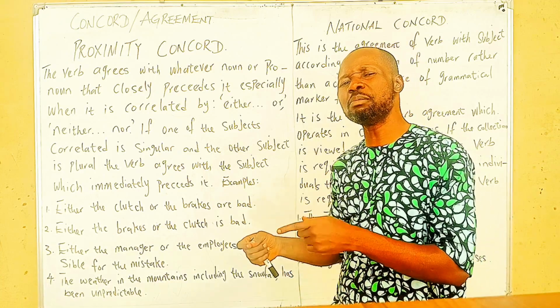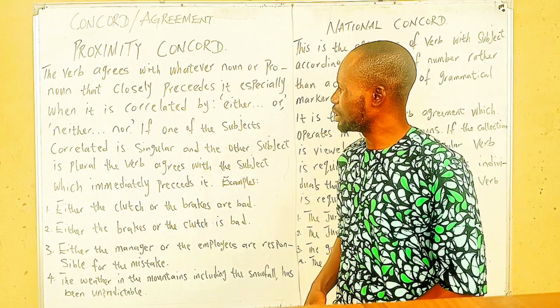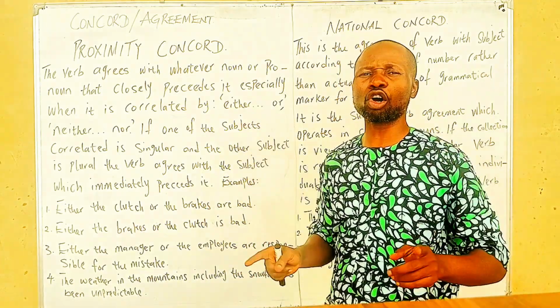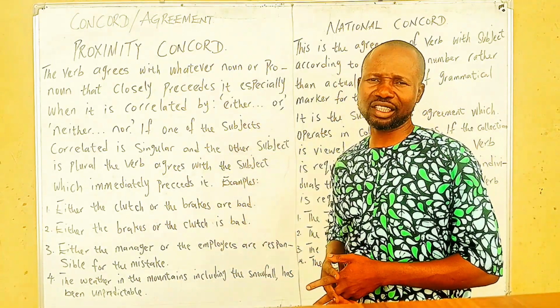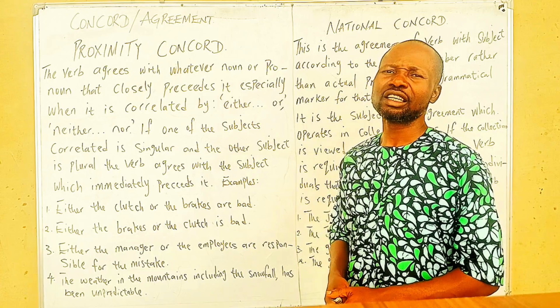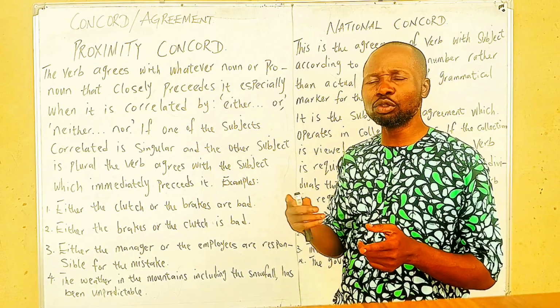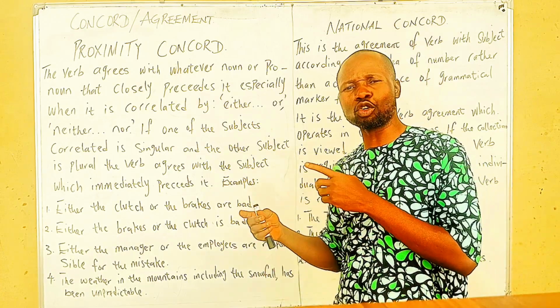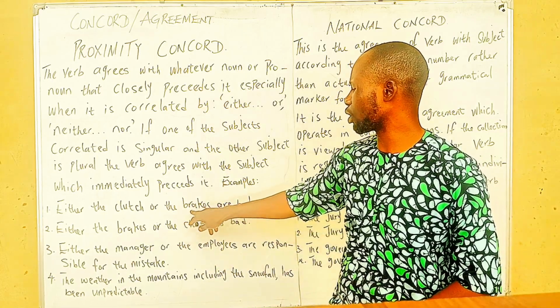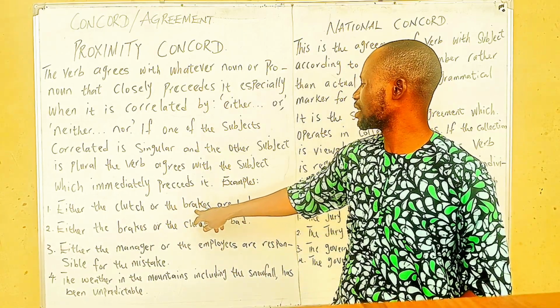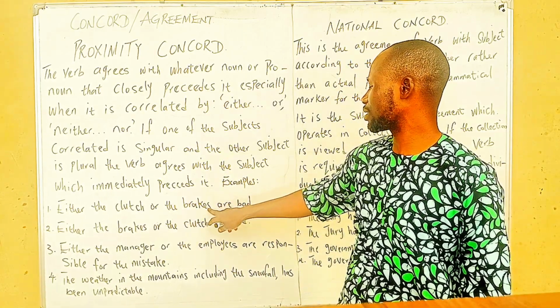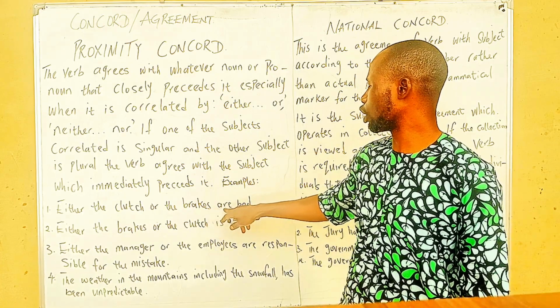But in proximity concord, immediately you know that it must be what? Compound subject. Yes. And in the compound subject, that majorly moves with either/or, neither/nor, you must look at the one that precedes.